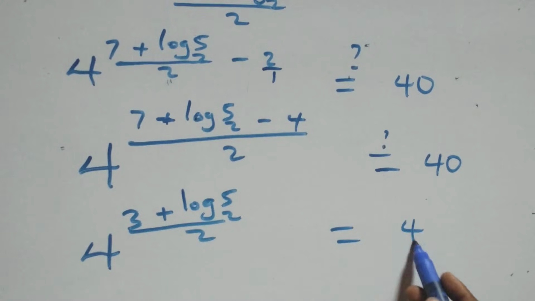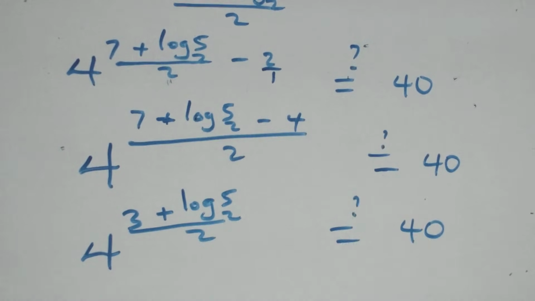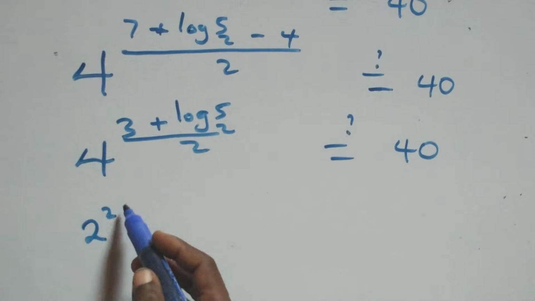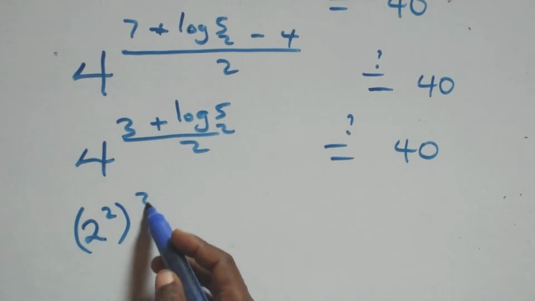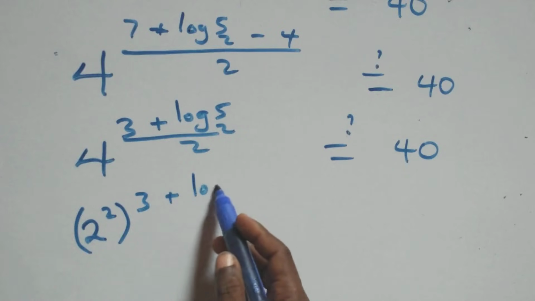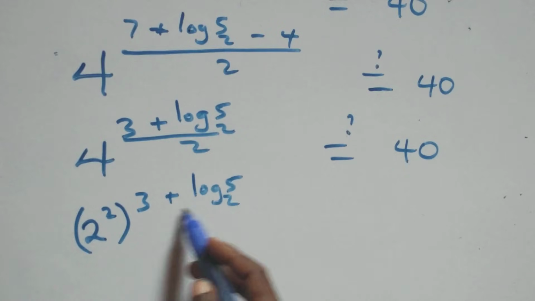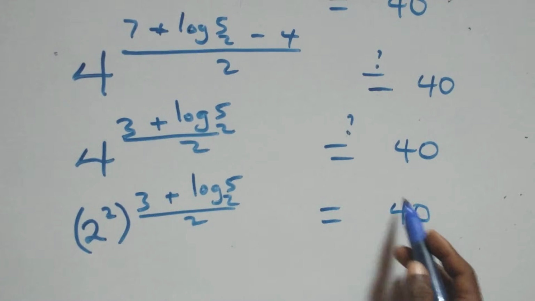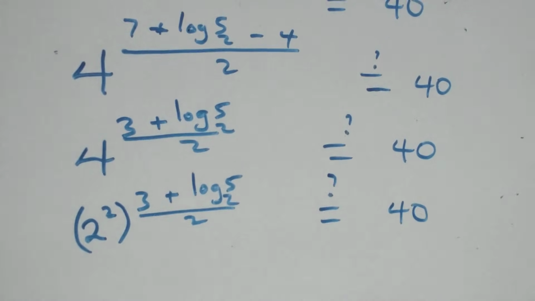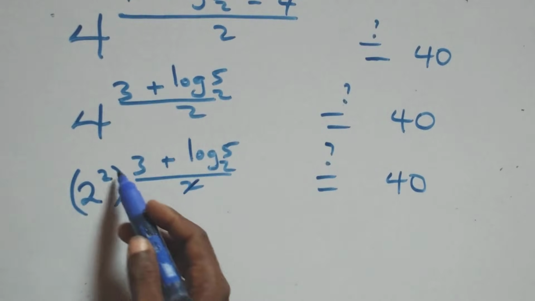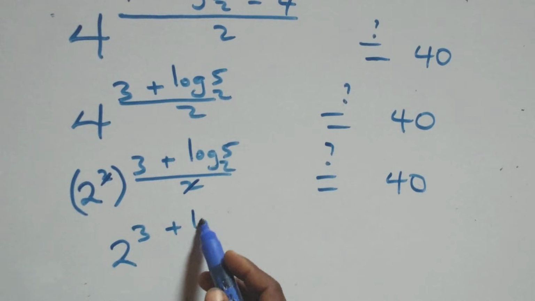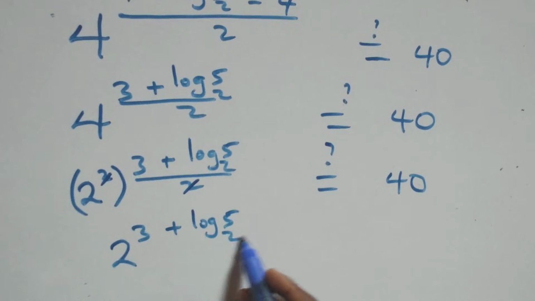Is this equal to 40 on this side? And also 4 here can be written as 2 squared, which is raised to power 3 plus log 5 base 2 all over 2. Is it equal to 40 on this side? Here, this power multiplies. 2 here cancelled each other. We have 2 raised to power 3 plus log 5 base 2.